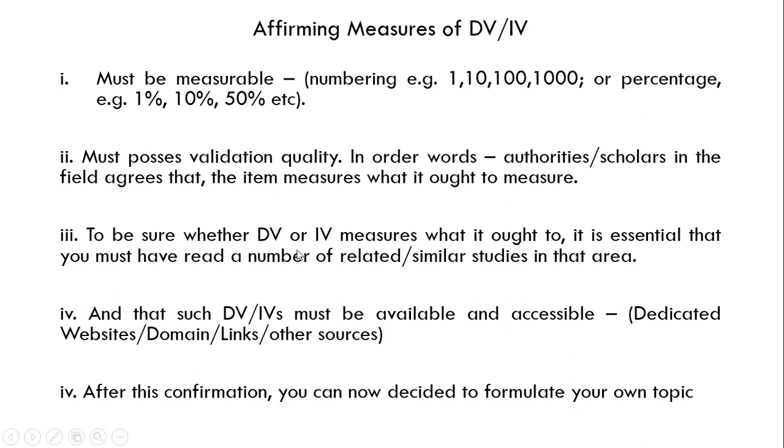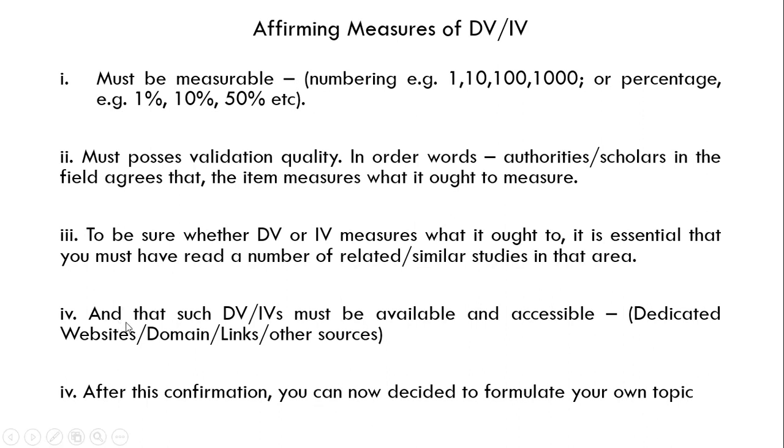Thirdly, to be sure that your variables measure what they ought to, it is essential that you have read a couple of related studies to see which other scholars have used that particular measure, and what is the reason for them using this particular measure.